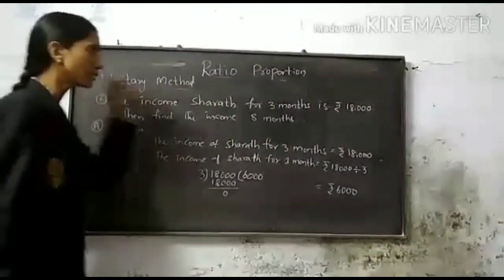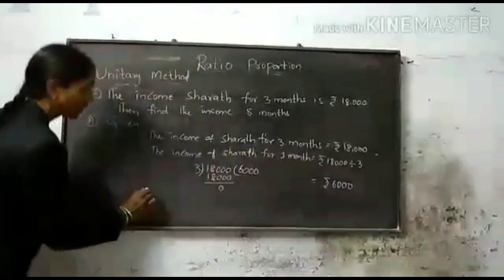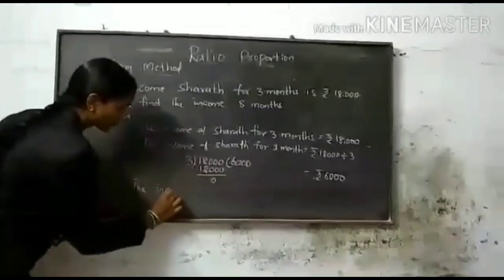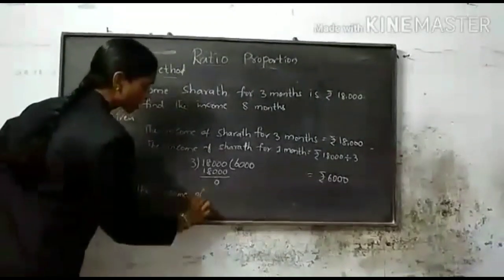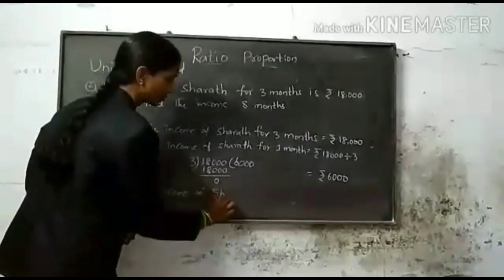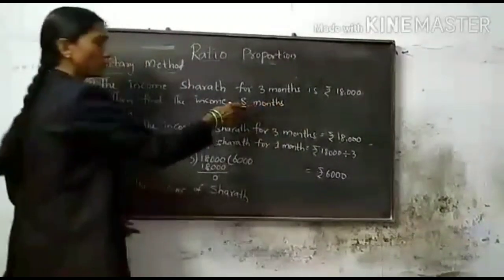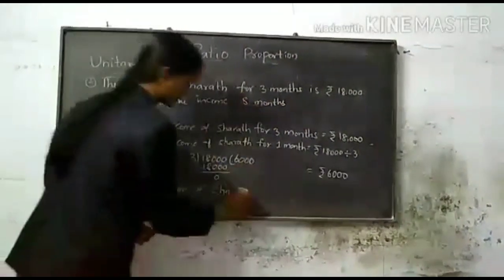Now we are finding the income of Sharat for 1 month, meaning 1 unit, so we are using the unitary method. Now we are finding the income of Sharat for the required number of months, that is 8 months.